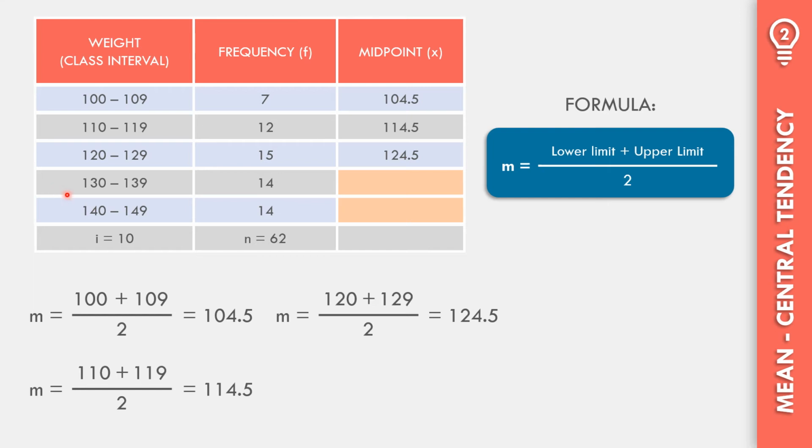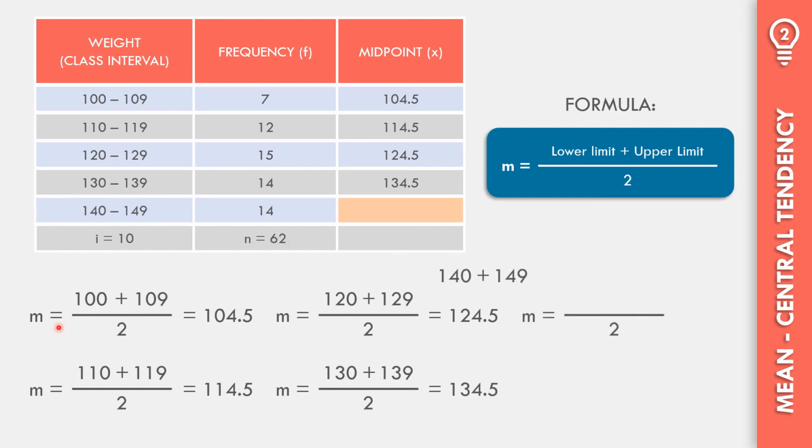The fourth one, 130 to 139. The lower limit is 130. The upper limit is 139. So 130 plus 139 divided by 2, the answer is 134.5. Next is 140 up to 149. So 140 plus 149 divided by 2, the answer is 144.5.